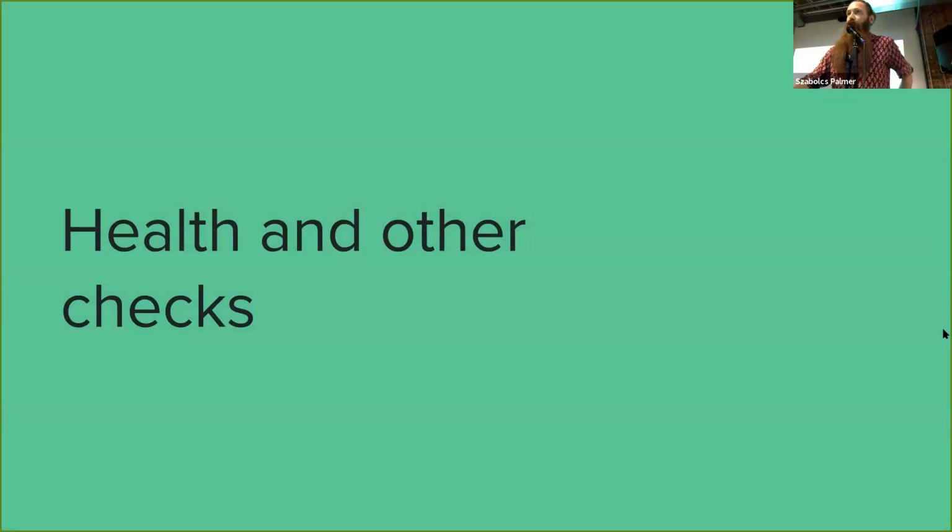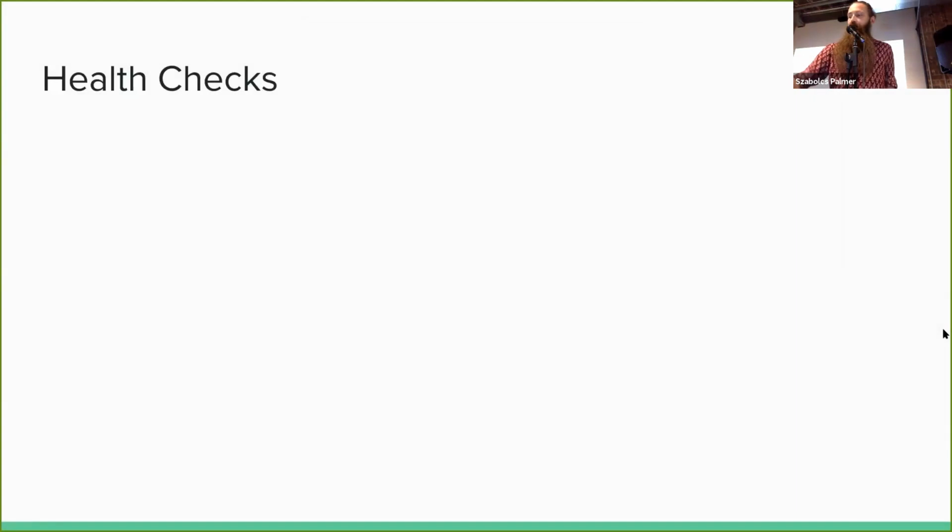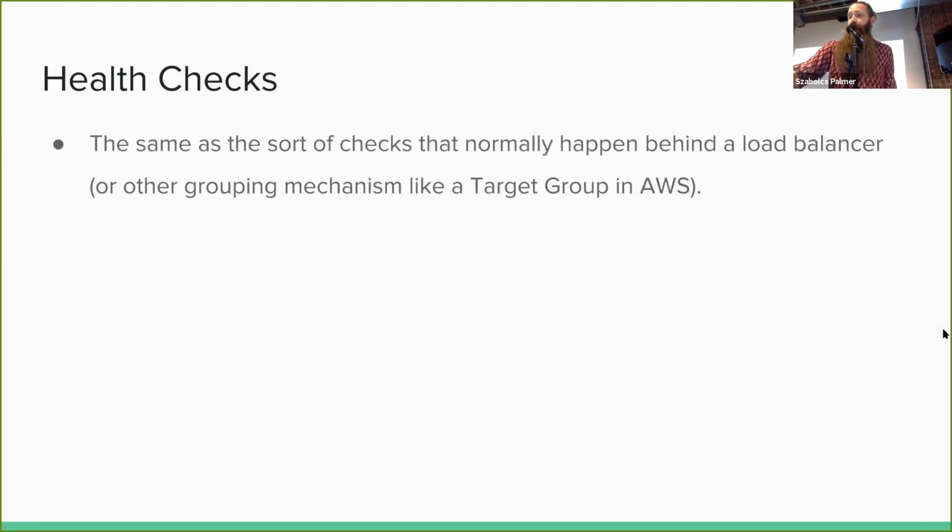So once we've got our deployment running, we then need to think about health checks and accompanying sorts of bits and pieces. So for health checks, it's the sort of thing that you would normally have with a load balancer, where a load balancer needs to know which services, which hosts, which EC2 instances are available and ready to accept requests, so that way it can forward the traffic through.